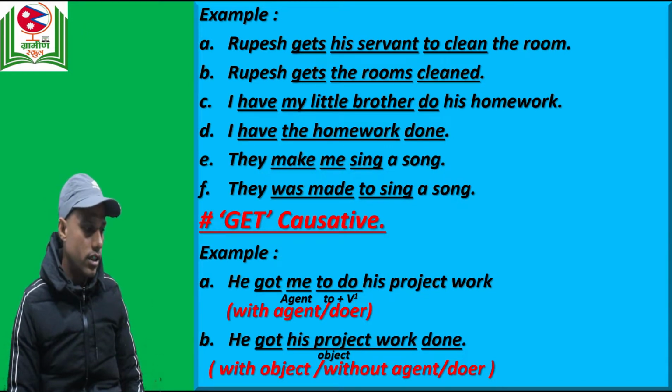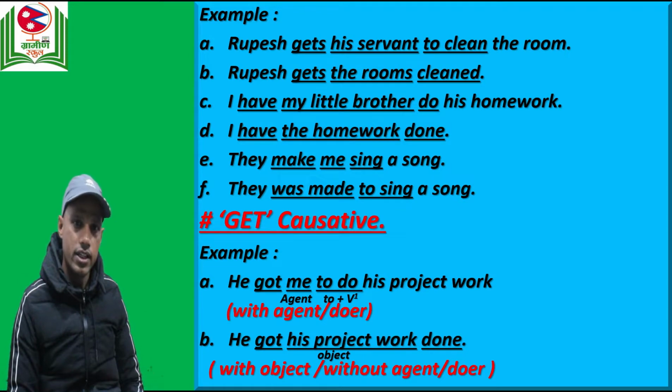Right? Look at the first, example number A and B, and let's notice the differences in the use of the form of the verbs and why it is so. In number A we have Rupesh gets his servant to clean the rooms, and we have similar type of sentence in number B. Look at this second sentence, Rupesh gets the rooms cleaned.